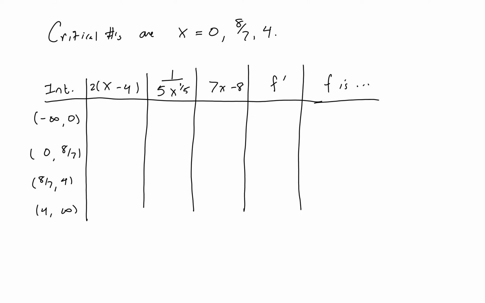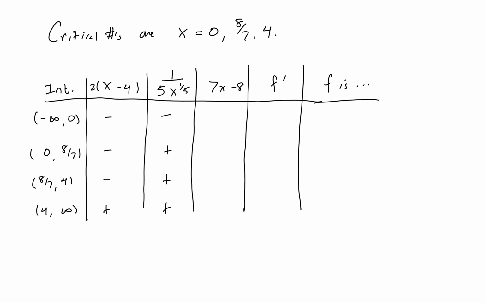So we plug in values again here. So we can see if we plug in something between minus infinity and 0, say minus 1, this will be negative, this will be negative, this will be negative, and then this would be positive.